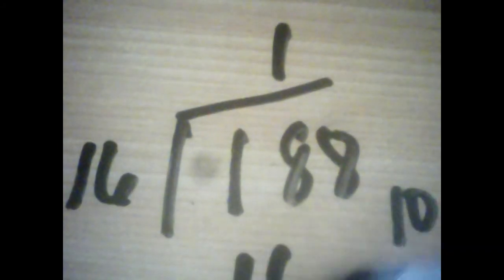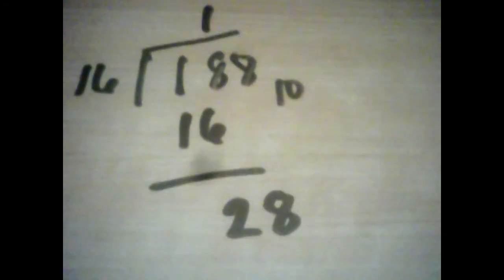So again, the process is we are going to divide 188 with 16. Okay? So we have 1 and then a product which is 16 and a difference of 2.